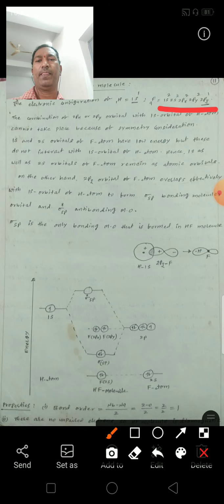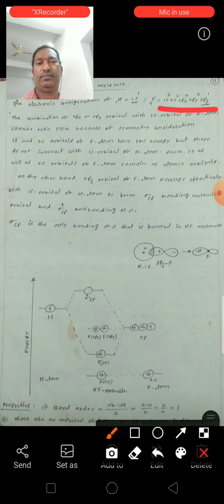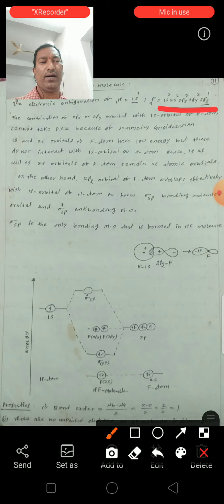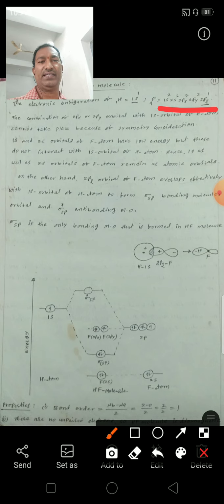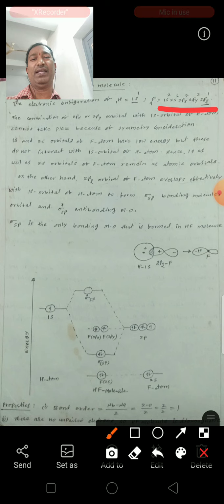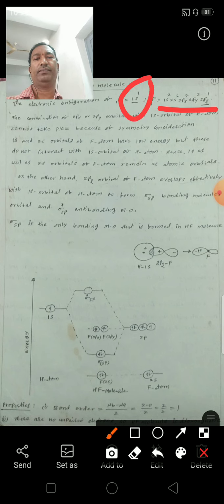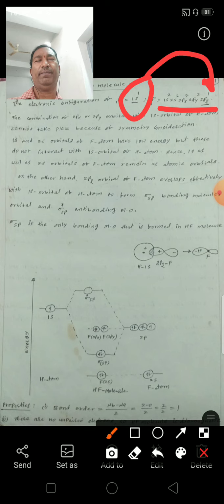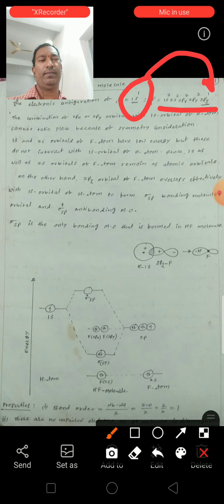See here, this is somewhat difficult. The combination of 2px or 2py orbitals with the 1s orbital. So this 1s electron and this 2pz orbital combine to form a hydrogen to fluorine bond.